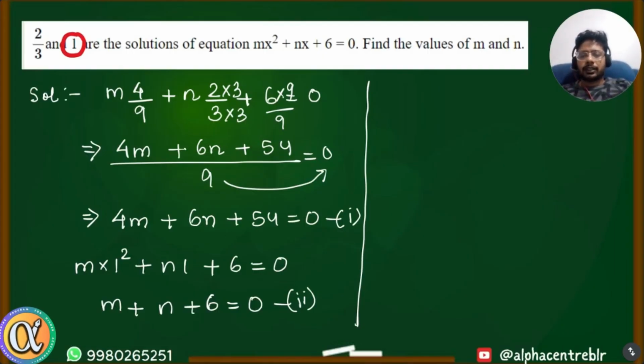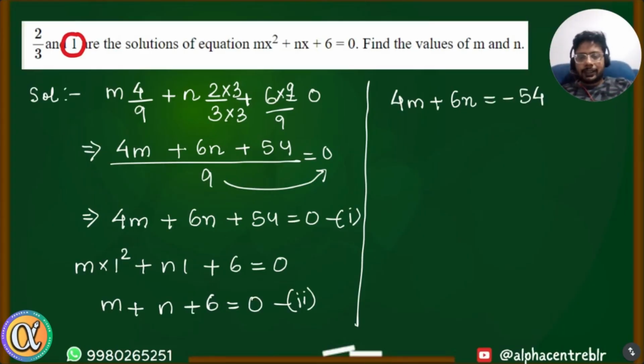So let's use elimination. Okay, we write the first equation again, 4m plus 6n. Okay, let's take 54 to the other side and write it as minus 54. Next equation. See here, both m and n number is 1. So maybe before copying it on the other side, we can multiply it here itself by some number. What do we multiply it with?